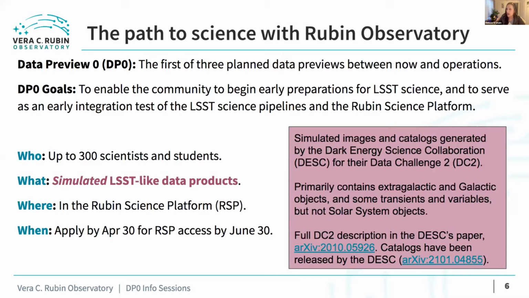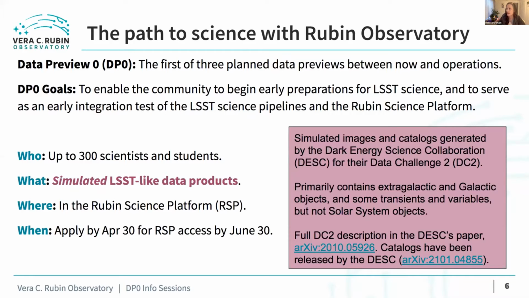These were generated by the Dark Energy Science Collaboration, the DESC, for their Data Challenge 2, or DC2. Since they were created by DESC, they primarily contain extragalactic and galactic objects, but they do have some transients and variables, although there are no moving objects, so no solar system objects.